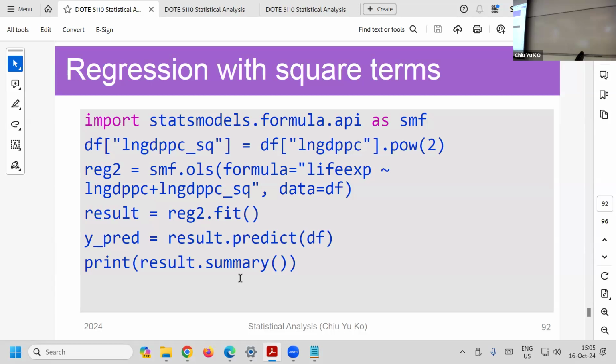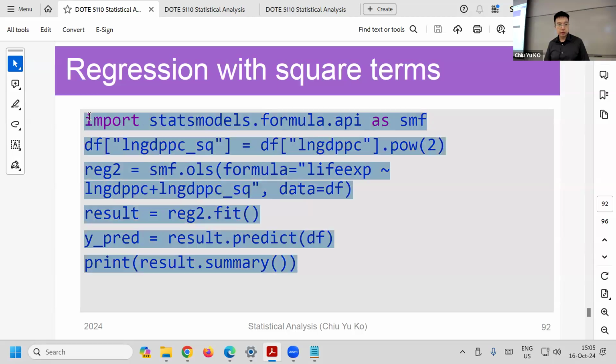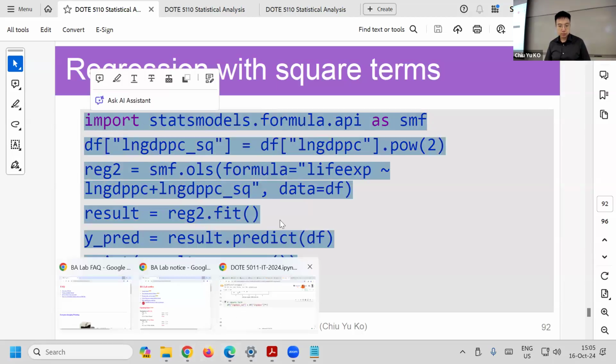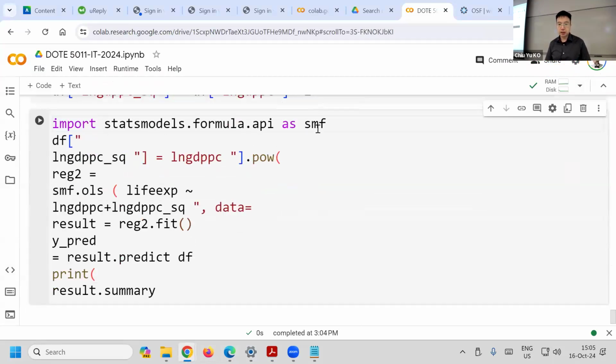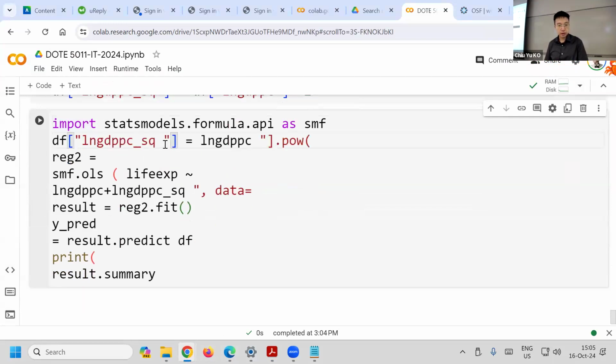It's y equals, and then you tell it what is the x squared. Immediately you fit it and you predict, you get the answer. So of course, you can create a matrix and do it, which is the matrix algebra method, okay? Or you can do a more stats method, okay? So that is what we're going to do, okay? And this is more convenient, okay? This is statsmodels using the regression square. So let's do it. Okay.